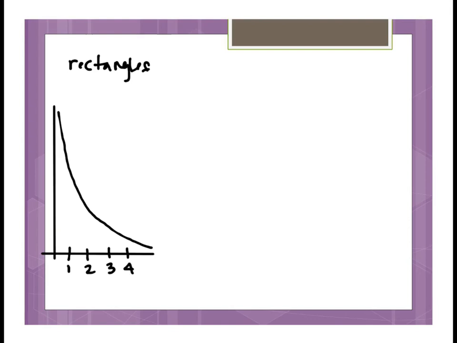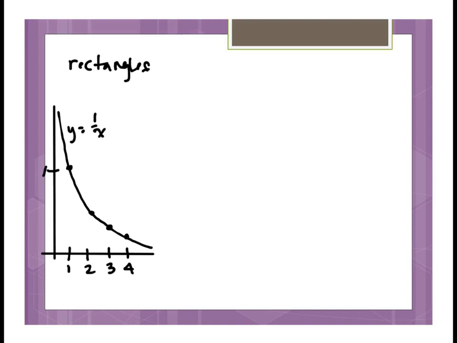And my value here at 1 would have to be the value of 1 here. Here's 2, we're at 1/2. Then we're at 1/3 and we're at 1/4, okay? Because this is y equal 1 over x.